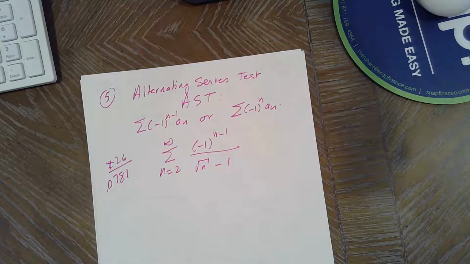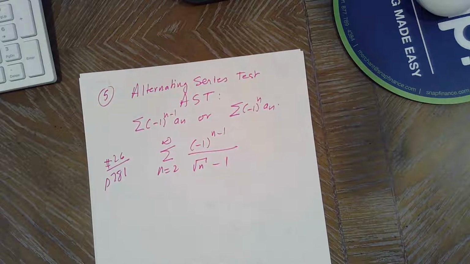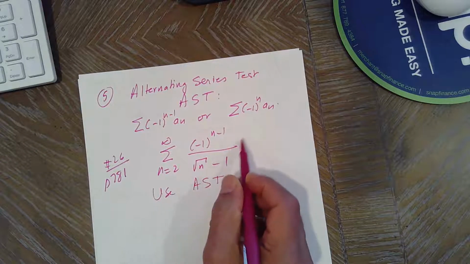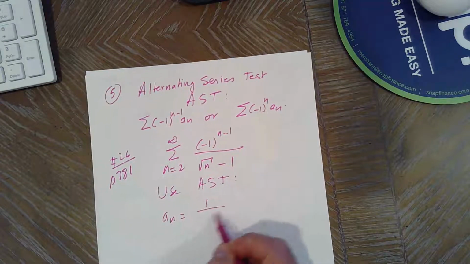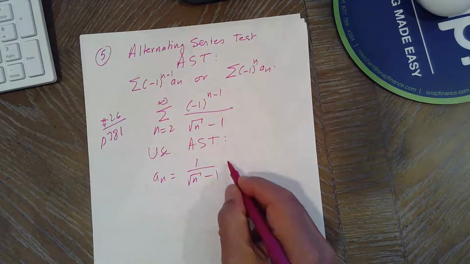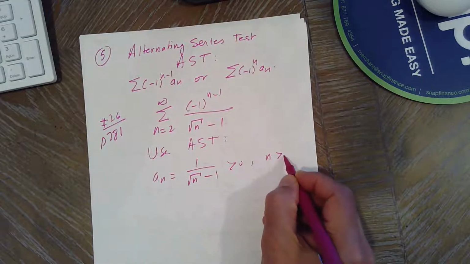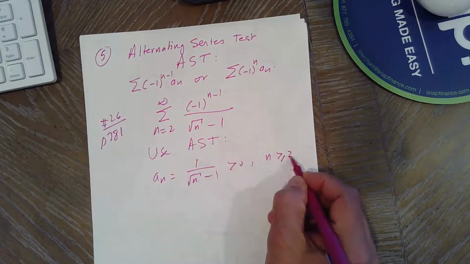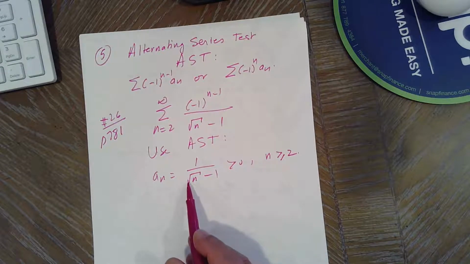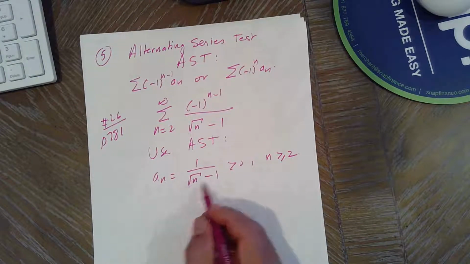If you use the alternating series test with an equals 1 over root n minus 1, without the pluses and minuses, obviously it's positive for n greater than or equal to 2, and it's decreasing, right?